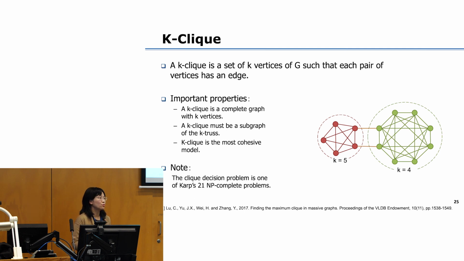We require all of the vertices in the subgraph to be connected. It's the most cohesive model, and listing, enumerating all the K-cliques, is an NP-hard problem. And its decision version is one of the famous 21 NP-complete problems.